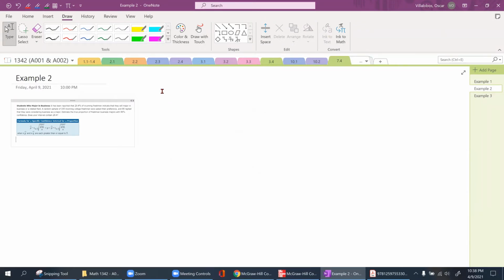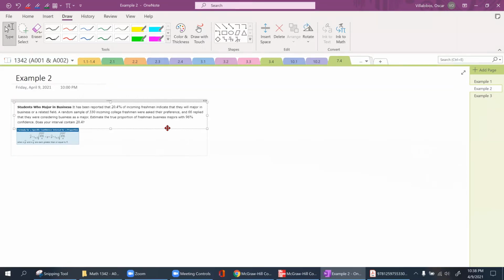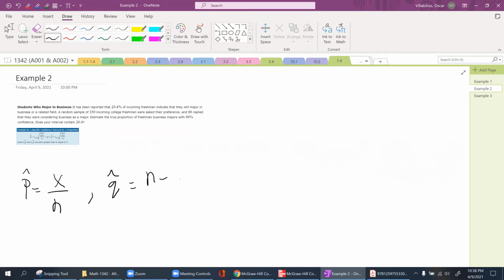A quick clarification. For your book, whenever we're dealing with the sample proportion, your p hat is going to be your x over n value. Your q hat is going to be n minus x over little n.